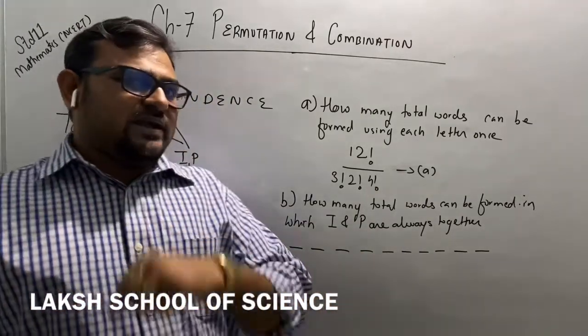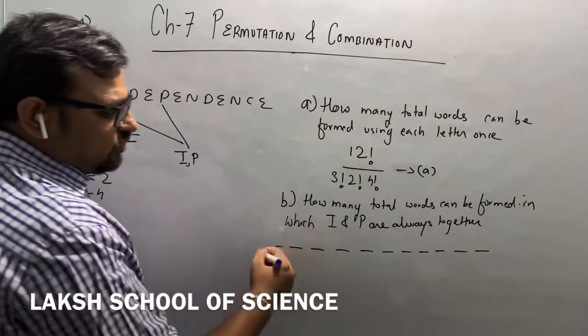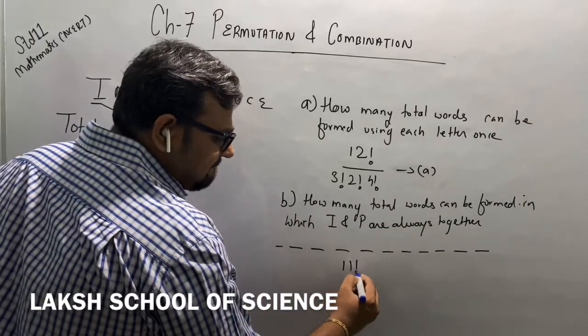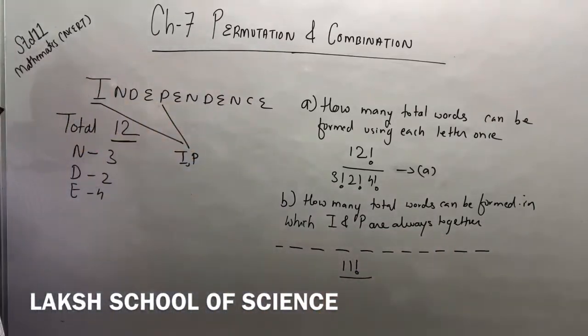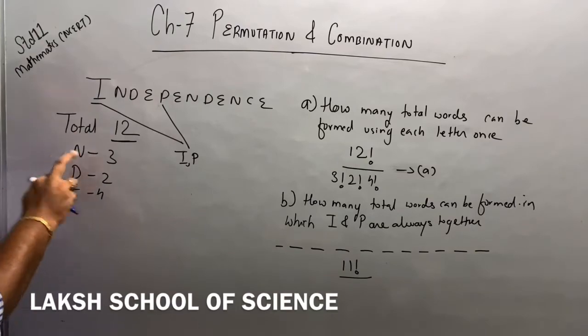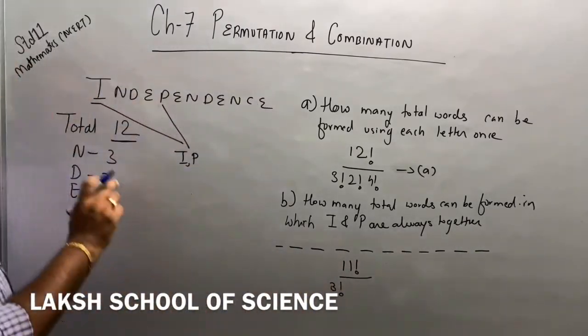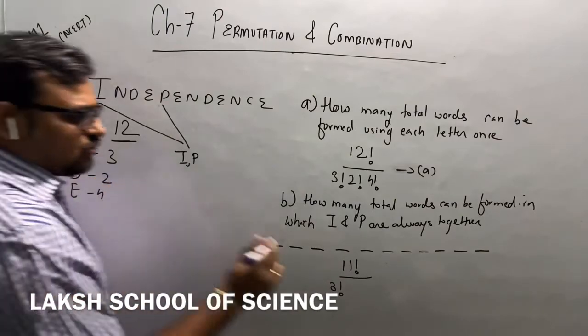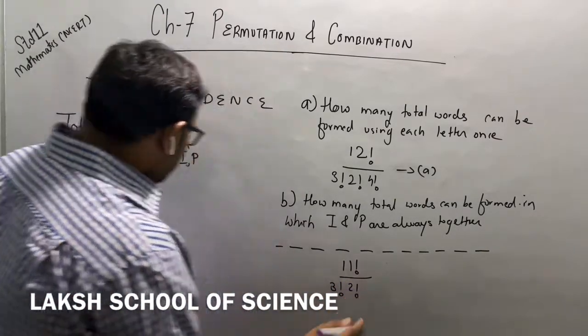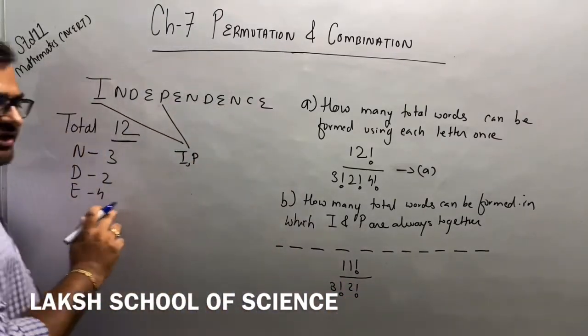So now how many ways? Total now 11 factorial upon how many times N is repeated? 3 times. How many times D is repeated? 2 times. And how many times E is repeated? 4 times.